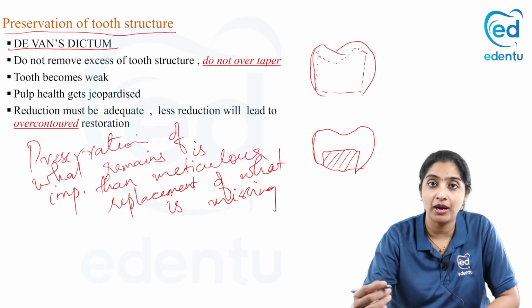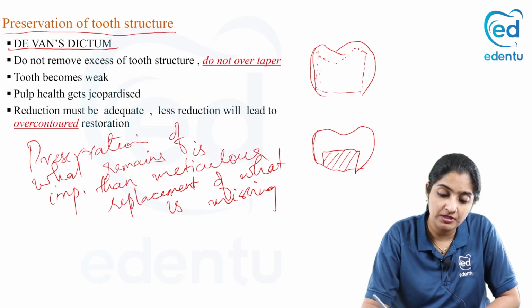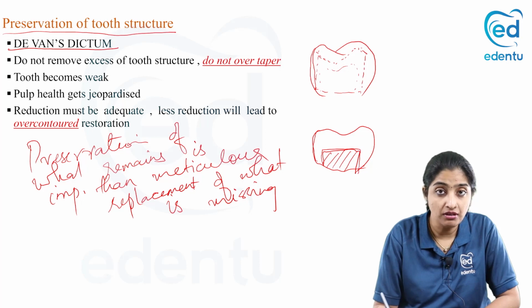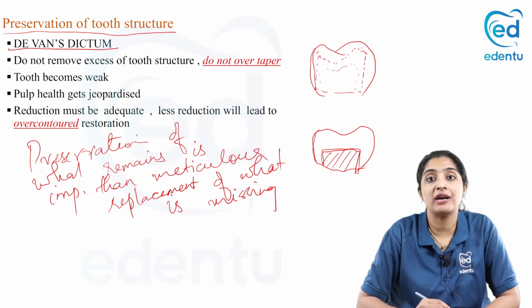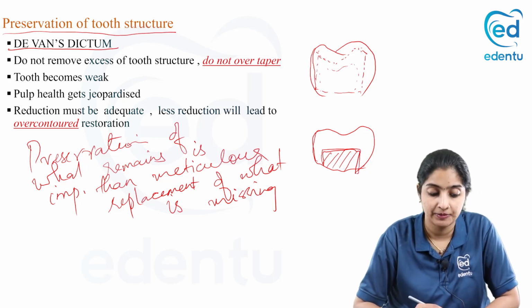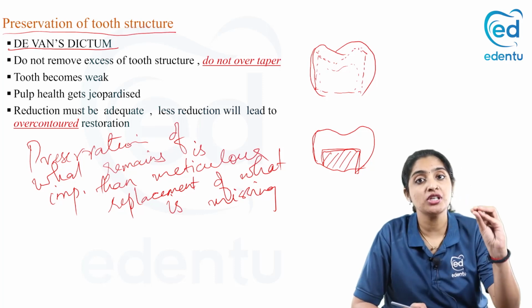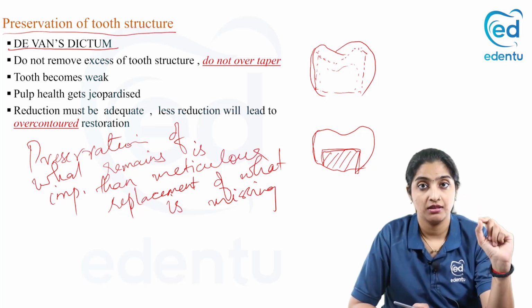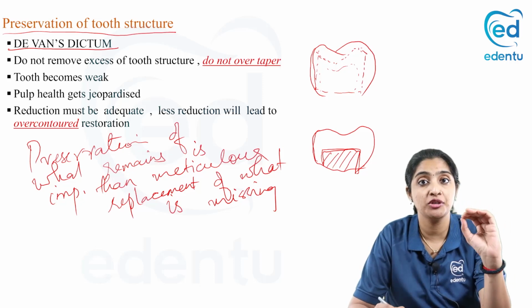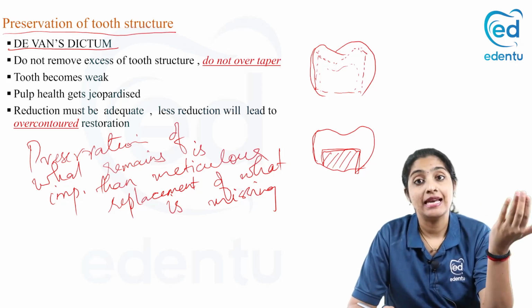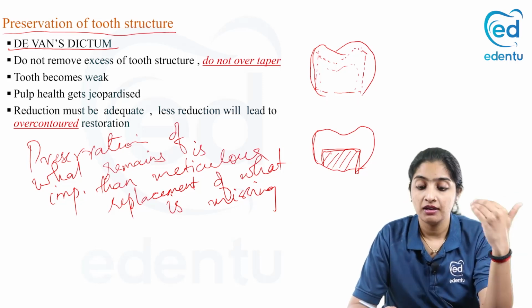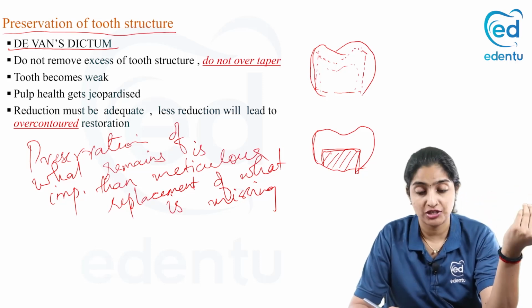Second thing, where is the pulp? In this tooth, the pulp is approximately going to be around here. If you reduce it to this level, you're going to jeopardize the pulpal health. Now, reduction should be adequate. You have to reduce, but it should be adequate, because less reduction will again lead to an over-contoured restoration.